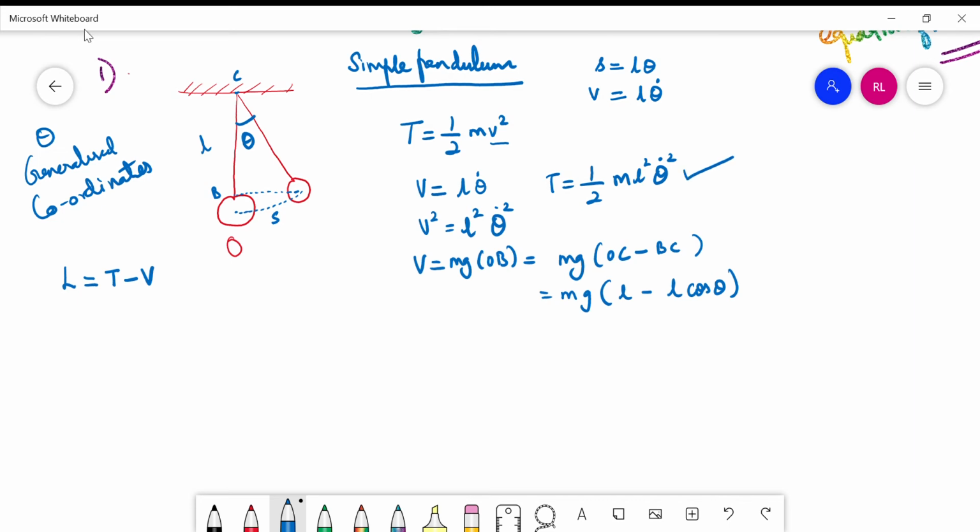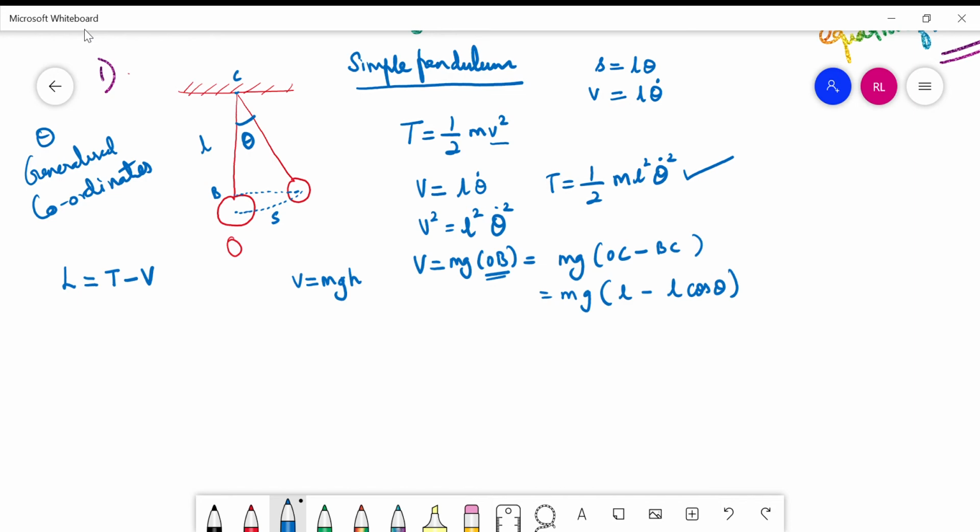Next we have to find the potential energy, and in general acceleration due to gravity is involved. Here the height is given as OB. With the help of this pendulum we are going to find the potential energy.